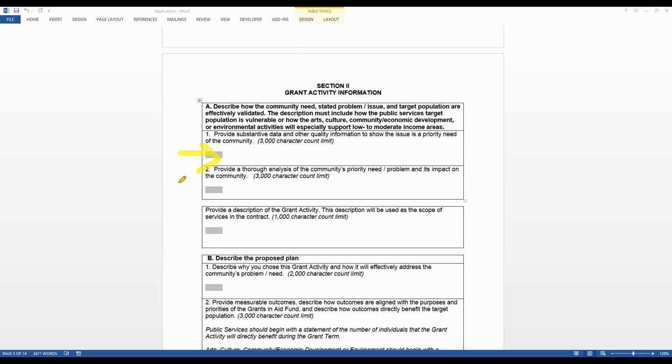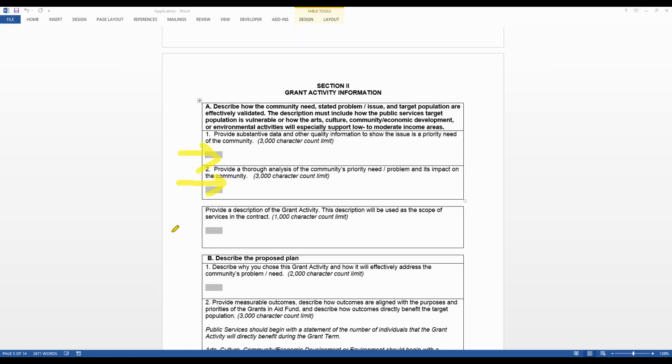For this second question, now we're looking at your analysis of the data, meaning that after you collected all your data, you show us how that information substantiates the priority need, the problem that you're trying to address.